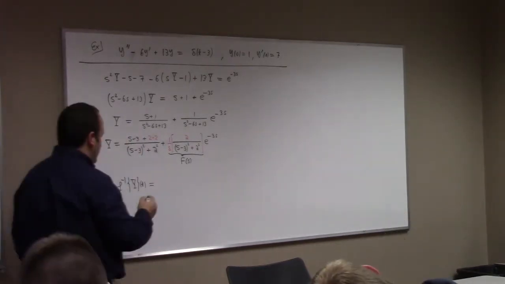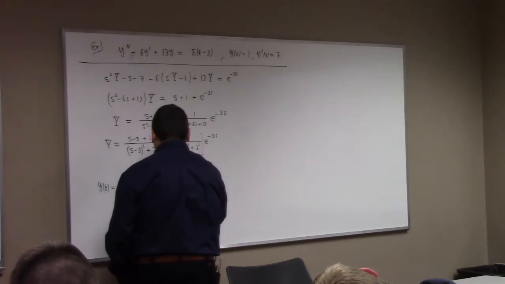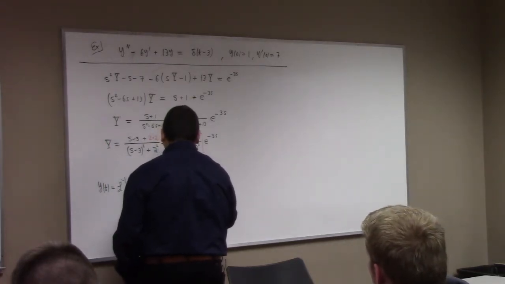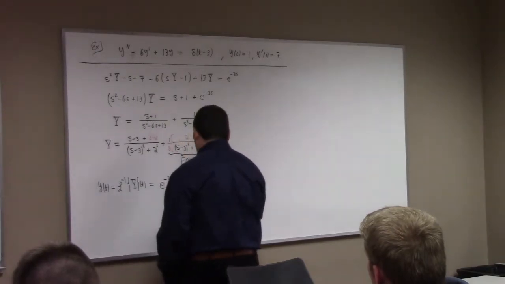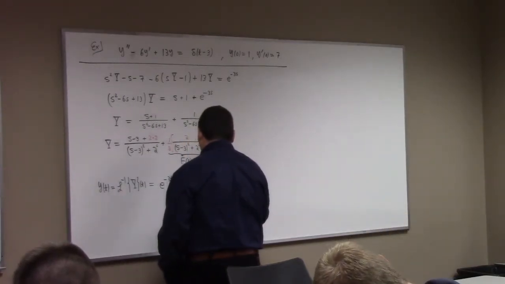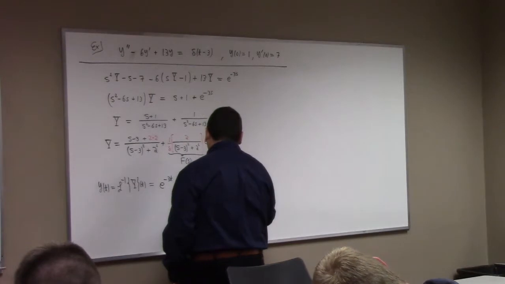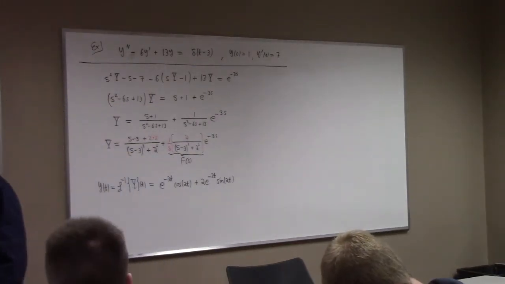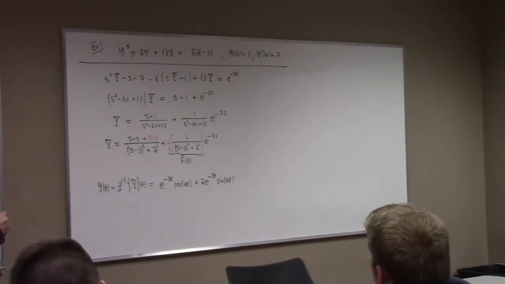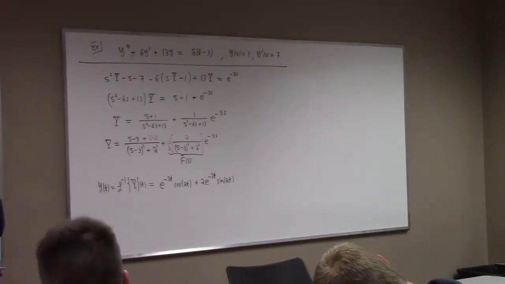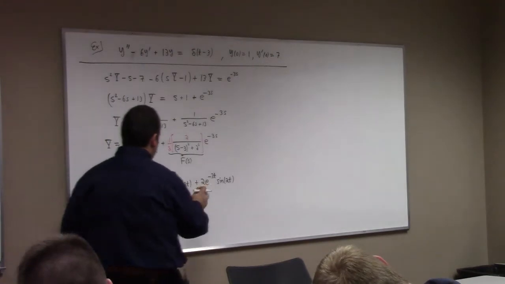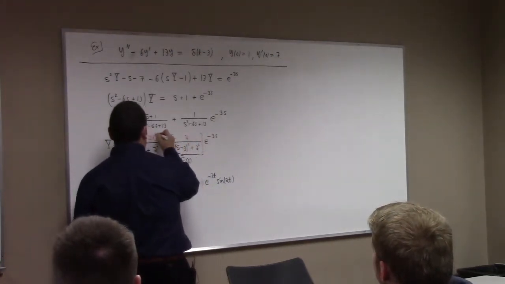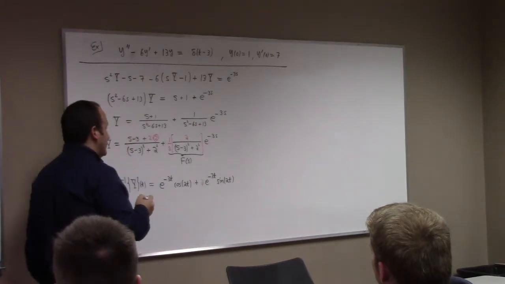We've got e to the minus 3t cosine of 2t plus 2 e to the minus 3t times the sine of 2t. And just to emphasize, this 2 you could think of as being that 2. All right?